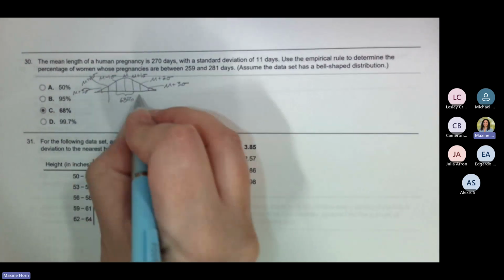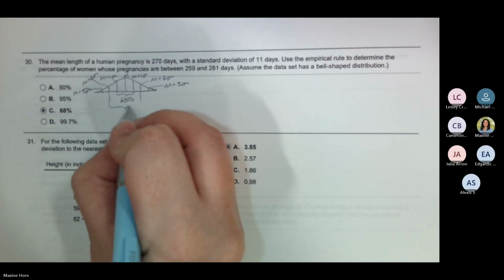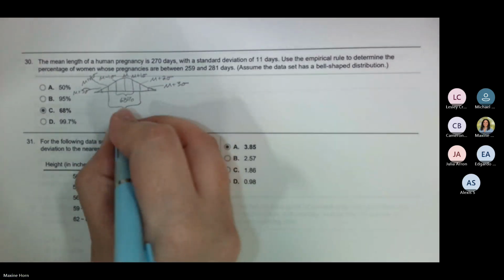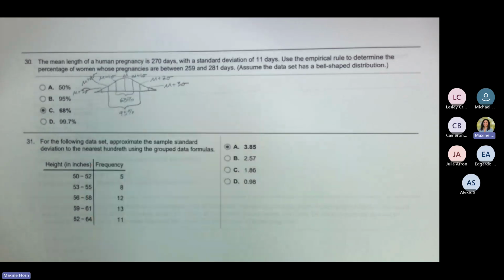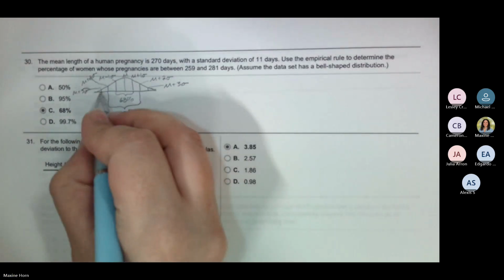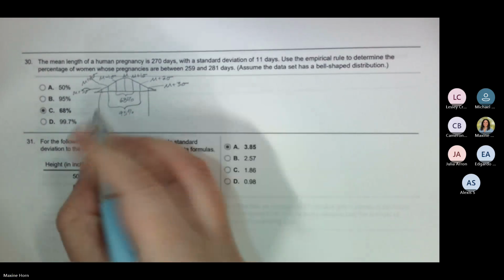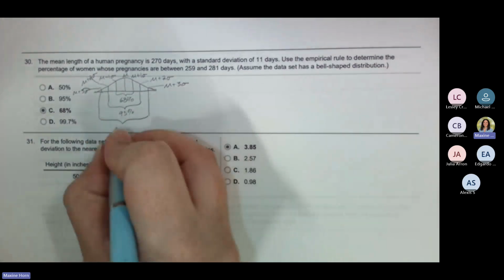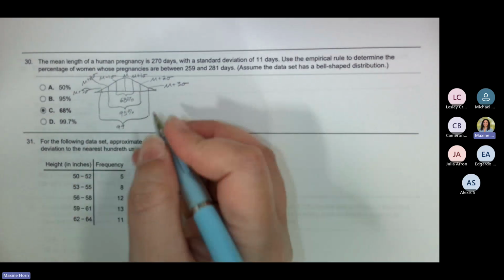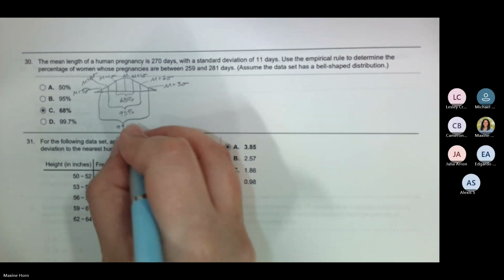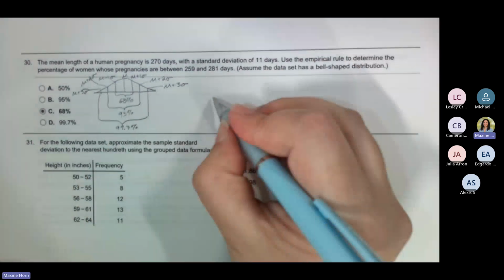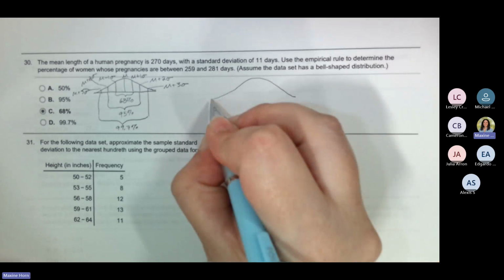And if we go out 2 standard deviations, that's 95% of the data, or percent of the values. And if we go out 3, we have 99.7%.